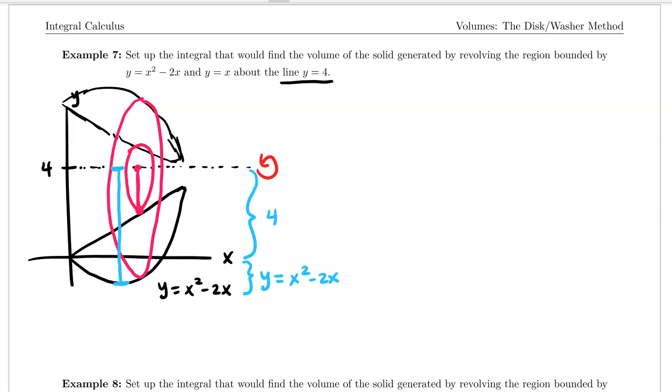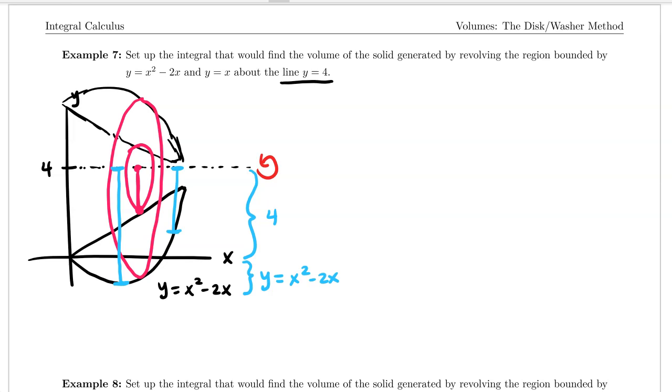In the way that I've drawn the picture, in this particular instance, the y value is negative, so what's happening is I'm really subtracting off 4 minus that quantity, and we can see that as well even if I draw a cross-section where I am taking the distance from there to here, so that would also represent an outer radius.